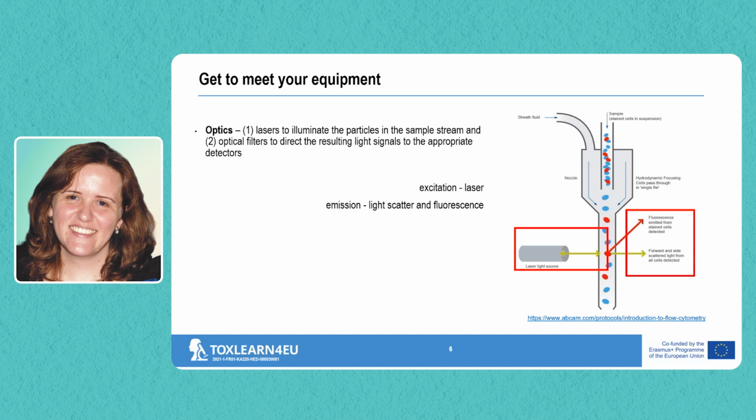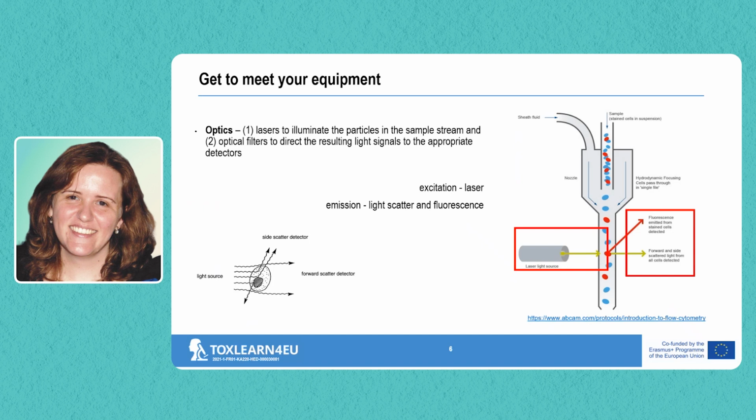So first, thinking about light scatter. When we have a light source, the equipment will be able to detect two different scatters. It will be able to detect the forward scatter because it will have a forward scatter detector in front of the laser beam, so it's parallel to the laser. And this forward scatter actually will detect the size of the cell, okay?